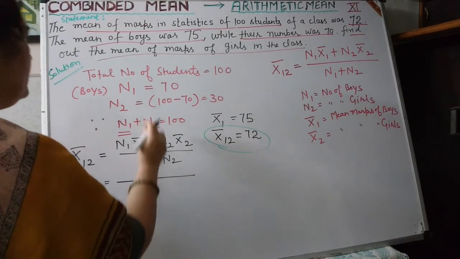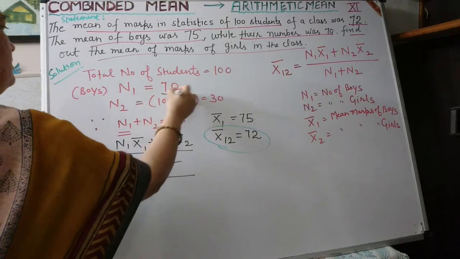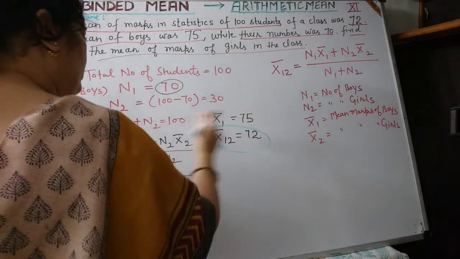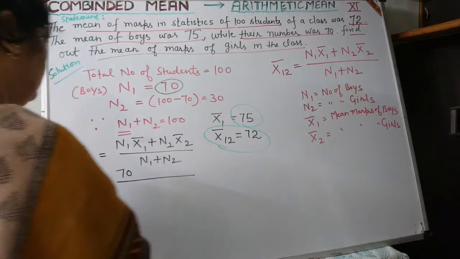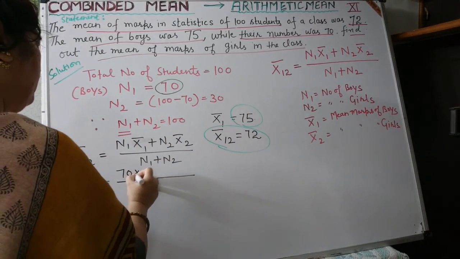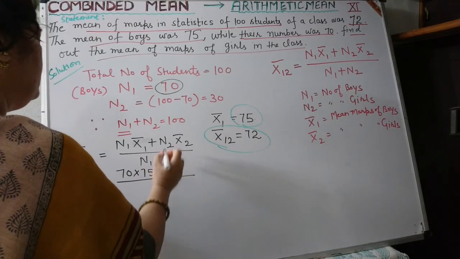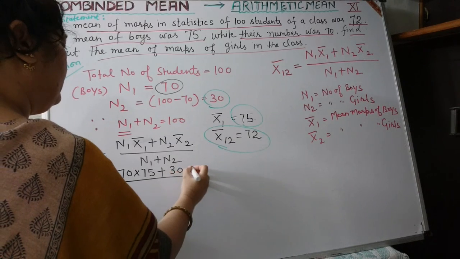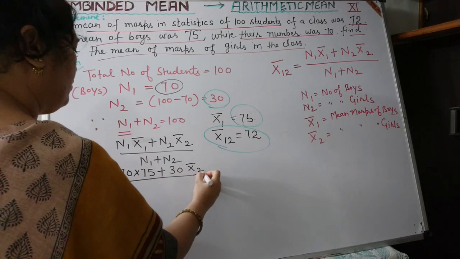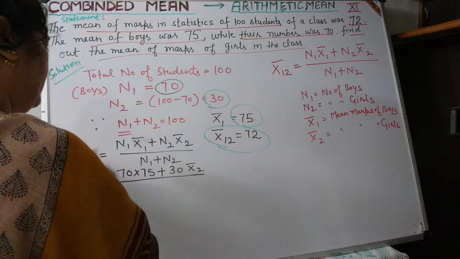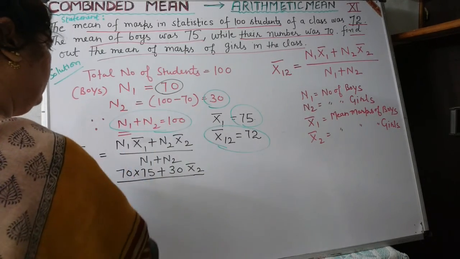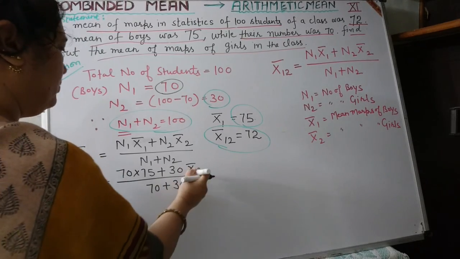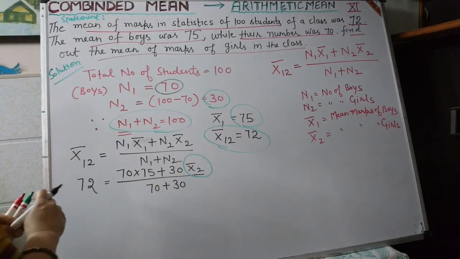72 is equal to N1, which is 70, multiplied by the value of X bar 1, that is also given, 75, plus the value of N2, which is 30, and the mean marks of girls are not given, divided by N1 plus N2, which is 70 plus 30, and we have to calculate the value of X bar 2.